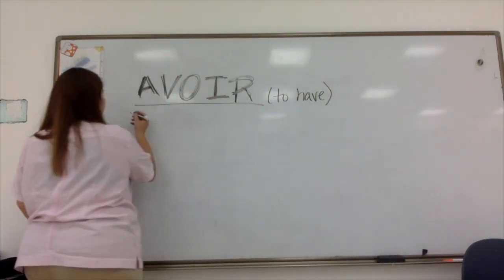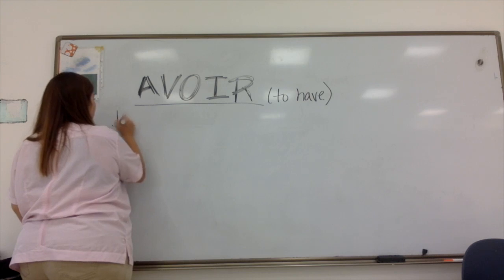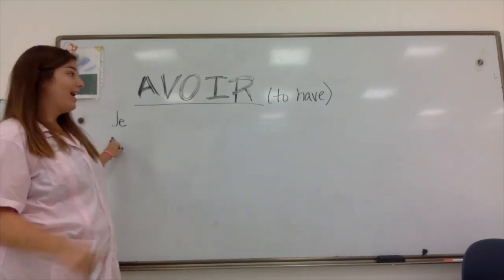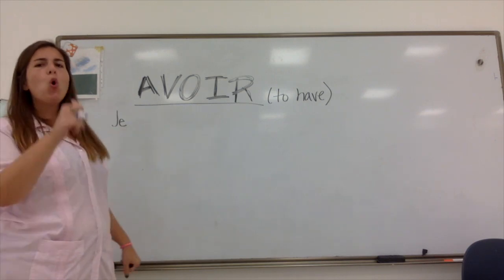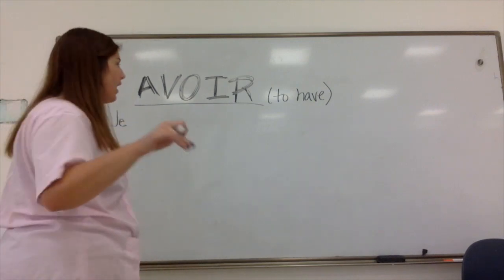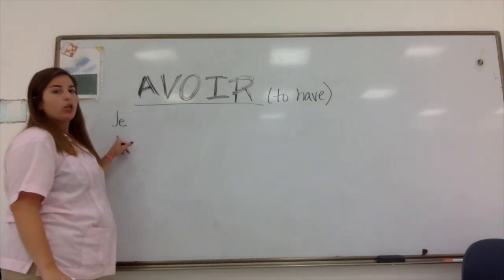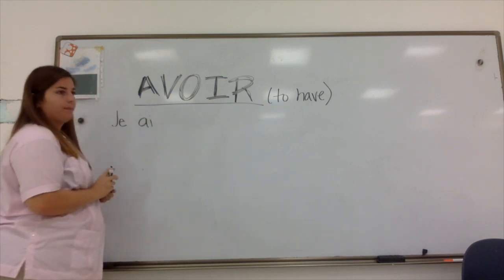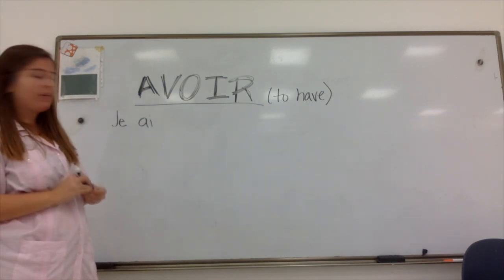So, je, right? We learned that means I. How do I say I have? Ooh, bonne question. Okay, j'ai la réponse pour vous. J'ai is how we're going to say that. But we have a problem here in French.